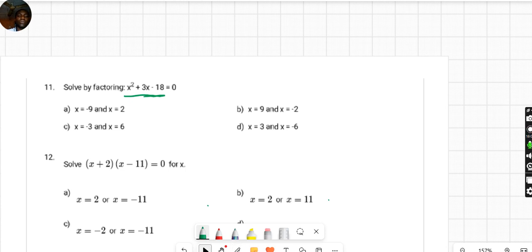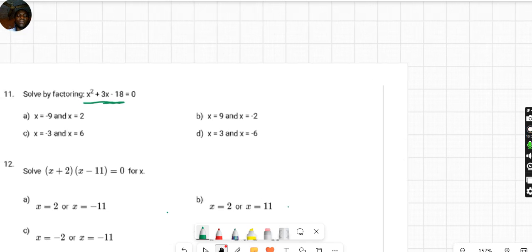Let me move to this side. We want to identify A, B, and C for question 1. Our A is the coefficient of x squared, and that's 1. Our B is the coefficient of x, and that's 3.